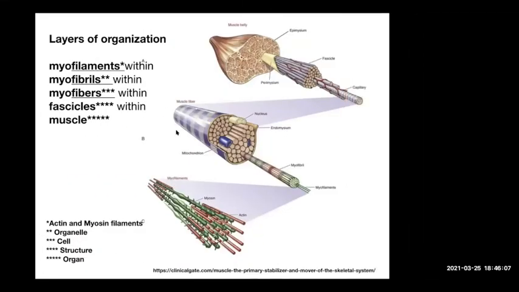So let's look at that levels of organization again. Right? We had the muscle over here, which you can see, the fascicles, which you could see because they're bundles of myofibers, right here, all these stripy things within a fascicle. And so those are the myofibers.